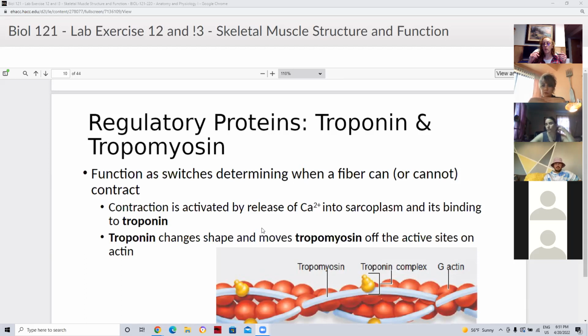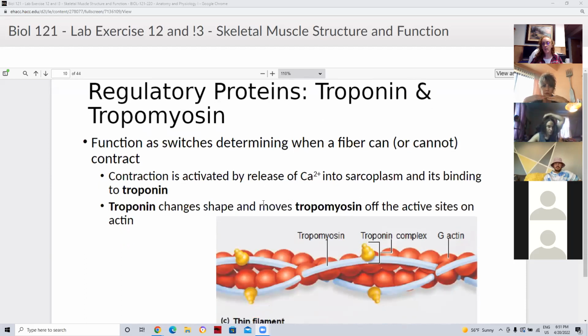When calcium is present, troponin will bind to the calcium and it will shift the tropomyosin that's bound to the troponin. So contraction is activated by the release of calcium from the sarcoplasmic reticulum into the sarcoplasm.